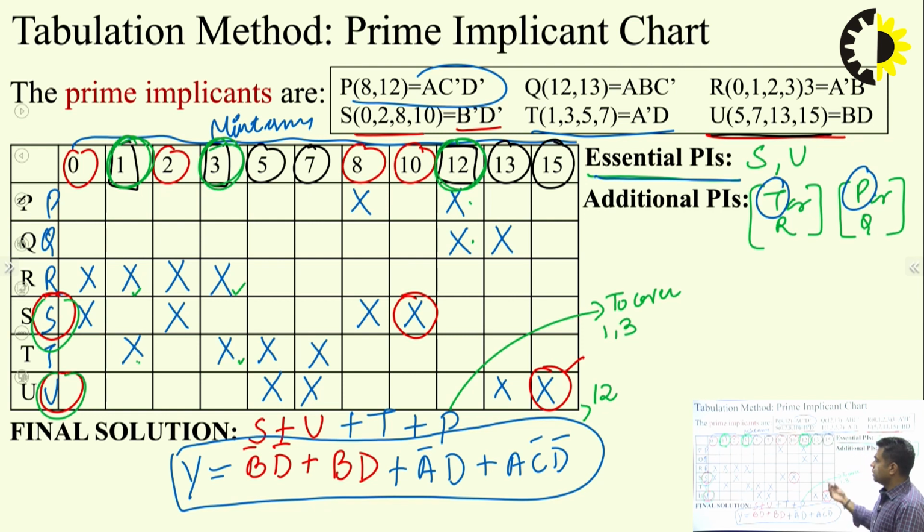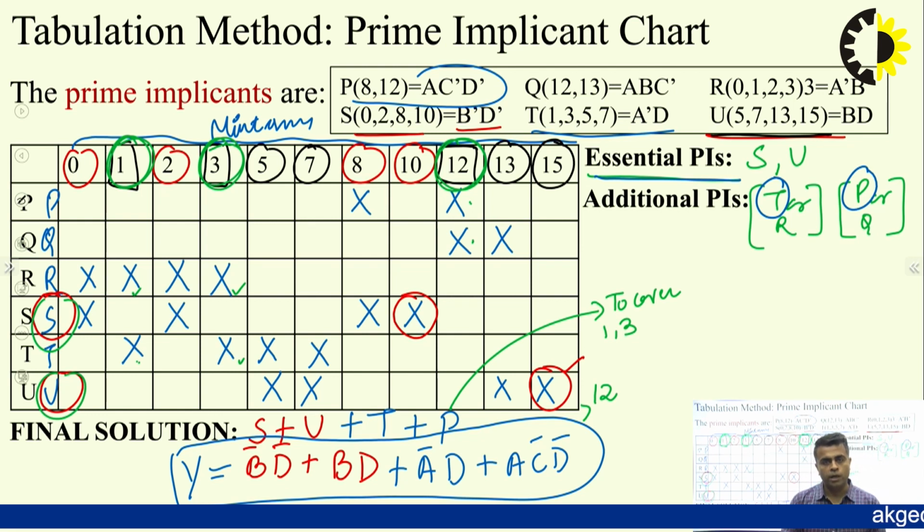So we can write the answer either in the form of essential prime implicants only, additional prime implicants only, or, as we have shown, a combination of essential and additional prime implicants. So this is the tabulation method for this given question.